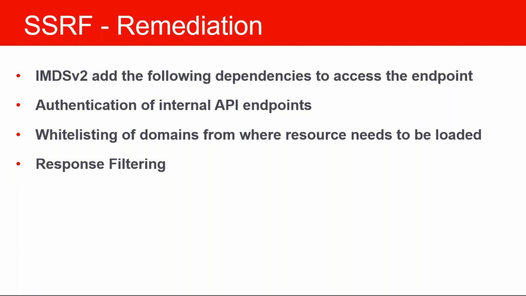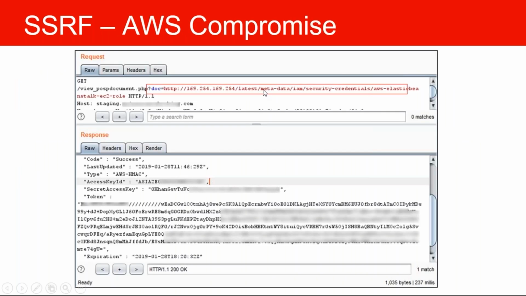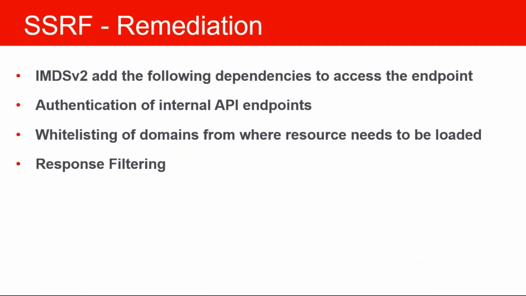So you can no longer simply request this metadata API and get your AWS temporary credentials. You also need to send an HTTP request header, which the attacker cannot inject in case of an SSRF issue. So IMDSv2 is something that you would want to enable.